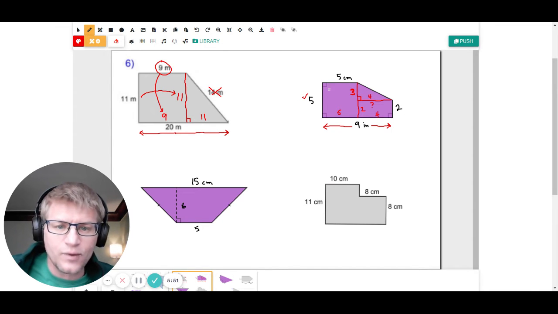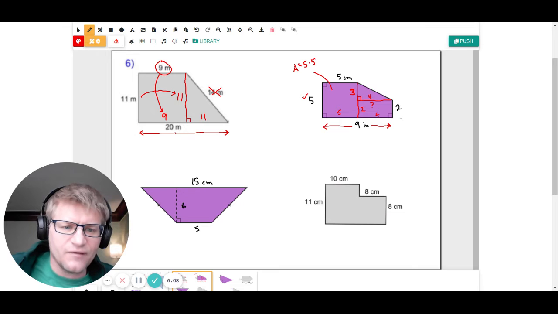So now what do we do? Well, my square right here is 5 by 5. So the area of that equals 5 times 5. The area of this part equals 2 times 4. Remember, we only have to do the base and the height.